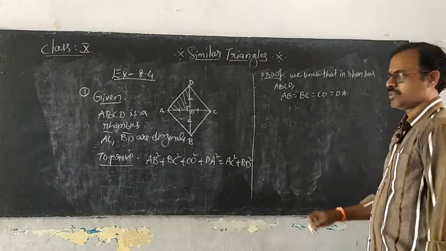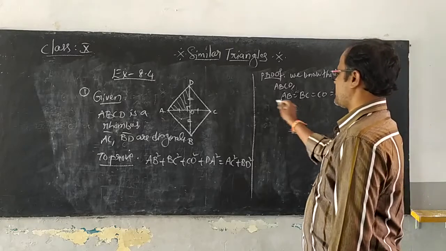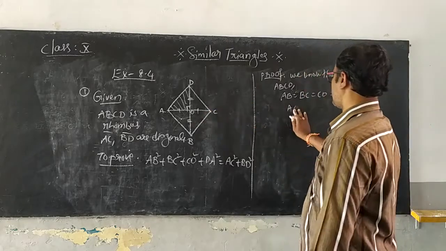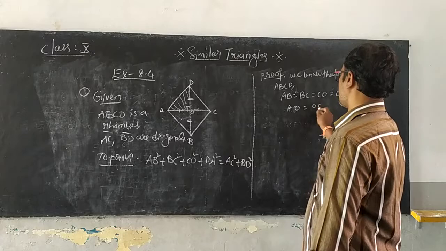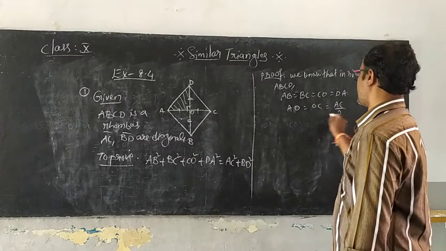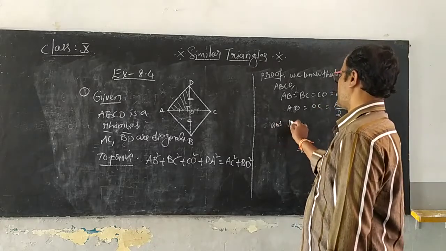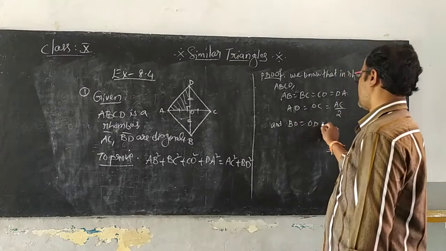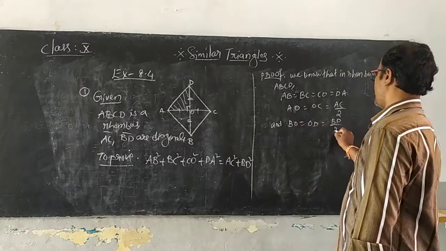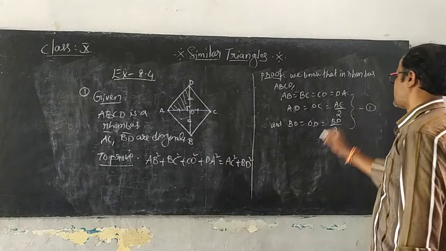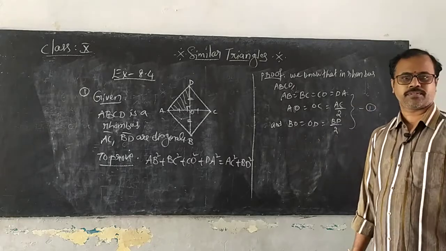This is one rule. After that, AC and BD bisect each other. So you can write AO is equal to OC is equal to AC by 2 and BO is equal to OD is equal to BD by 2. All these are taken as equation 1 for our purpose.